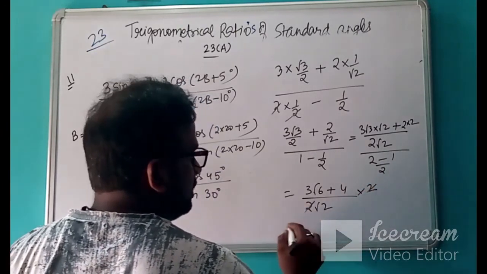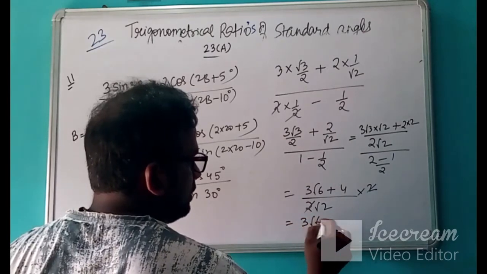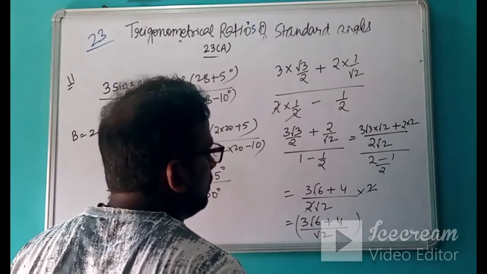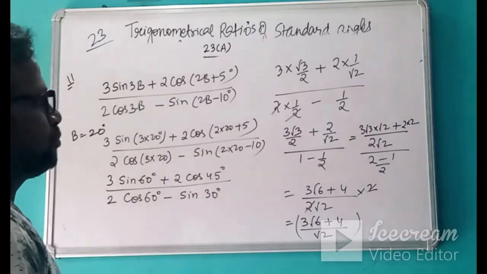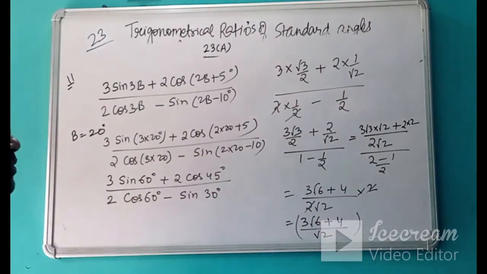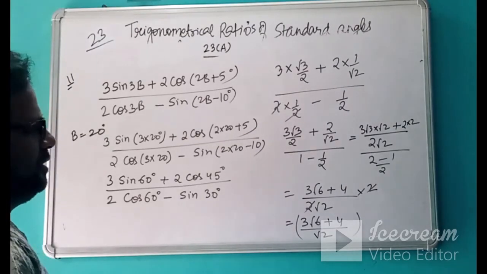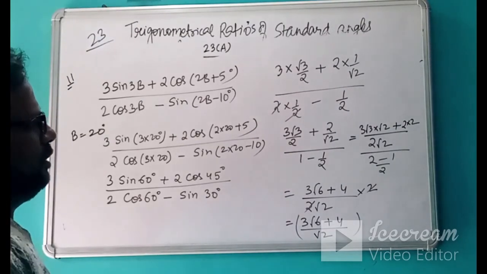So 2 and 2 cancel, you will get 3 root 6 plus 4 upon root 2. So this will be your answer. Okay, like this you can solve the questions in this exercise by using the values of standard trigonometric angles.